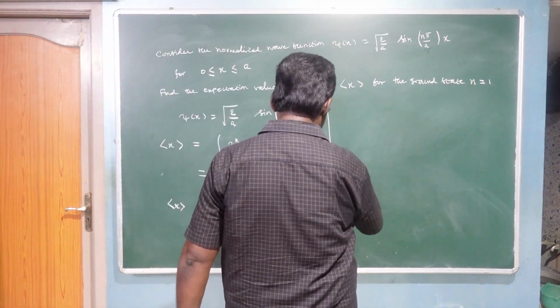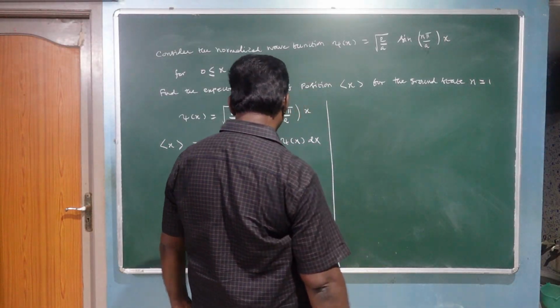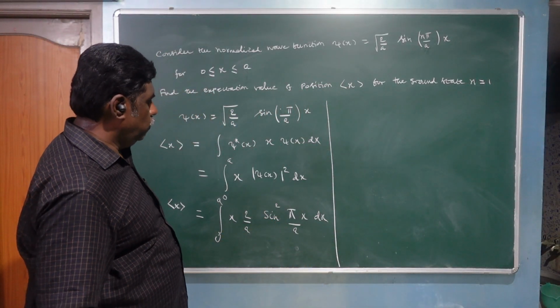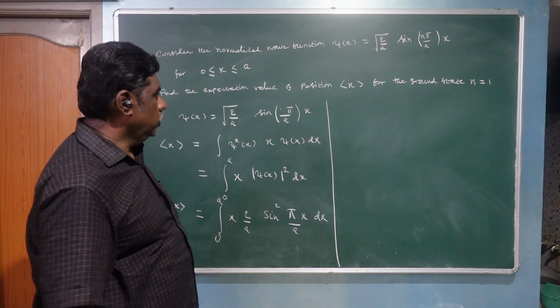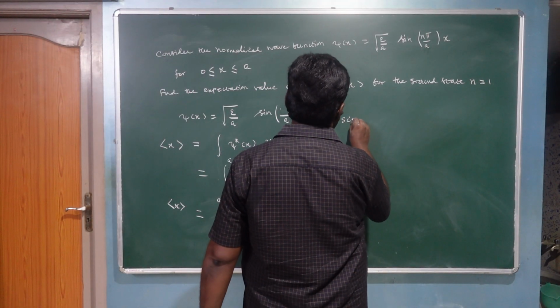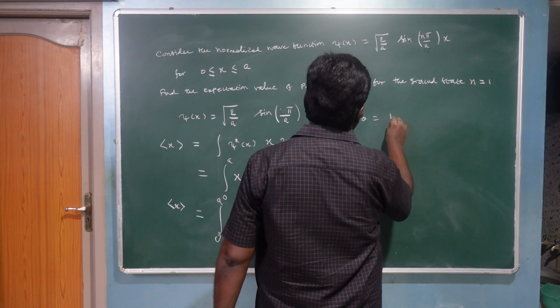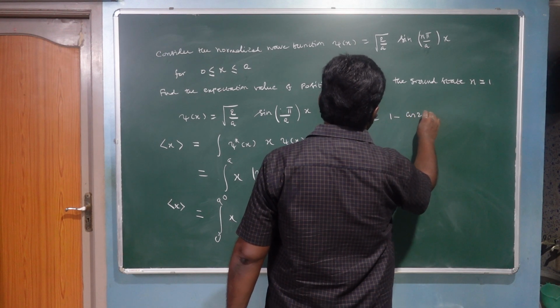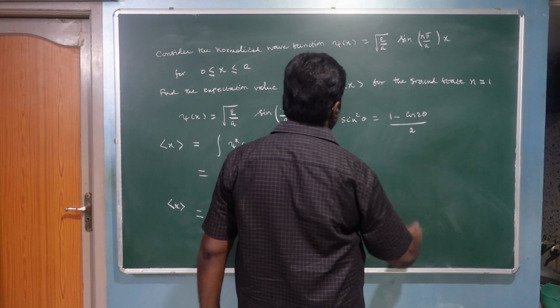For that, we have to use the formula sin squared theta equals 1 minus cos 2 theta, whole divided by 2.